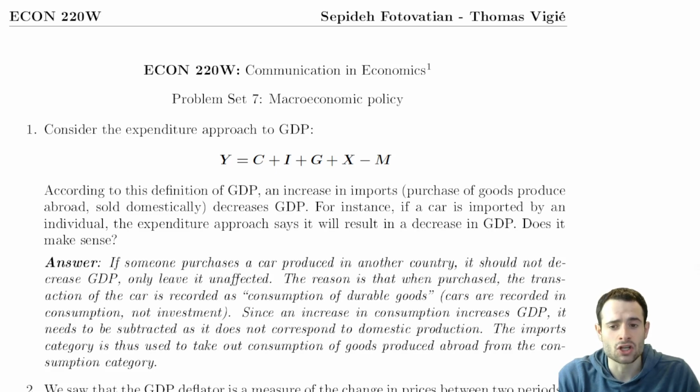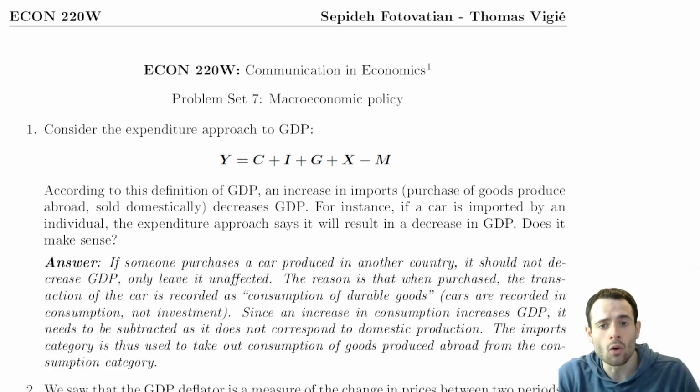Looking at the definition of GDP, the purchase of this car should decrease GDP. Does it actually make sense? After all, if this corresponds to the purchase of goods that should not be taken into account into GDP, then that should not decrease nor increase GDP. Why, then, according to this definition, will it decrease GDP?